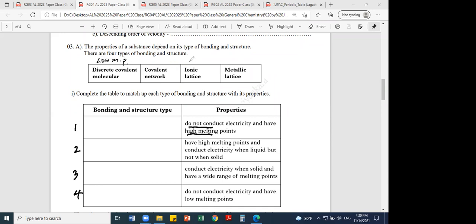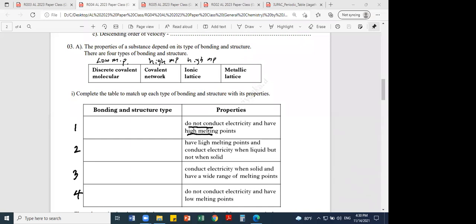High melting point. Ionic lattice has high melting point, and covalent network has high melting point. Metallic also, it depends on the metal. High melting point possible, so some metals. So compare this one. What matters here?